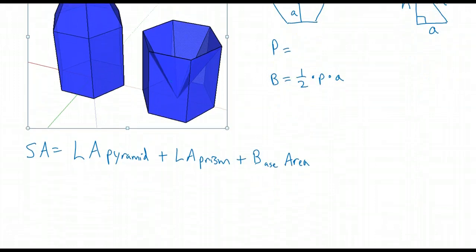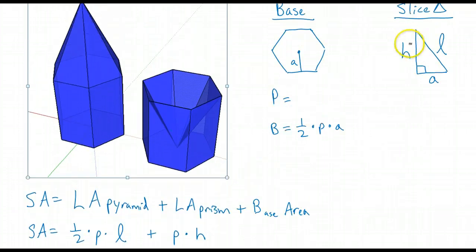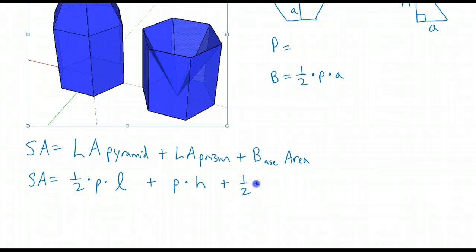So to figure out my surface area, I'm going to take 1/2 times the perimeter times the slant height. That will give me the lateral area of my pyramid, plus my perimeter times the height of my prism. That will give me the lateral area of my prism, plus 1 base area, which is going to be 1/2 times my perimeter times my apothem.